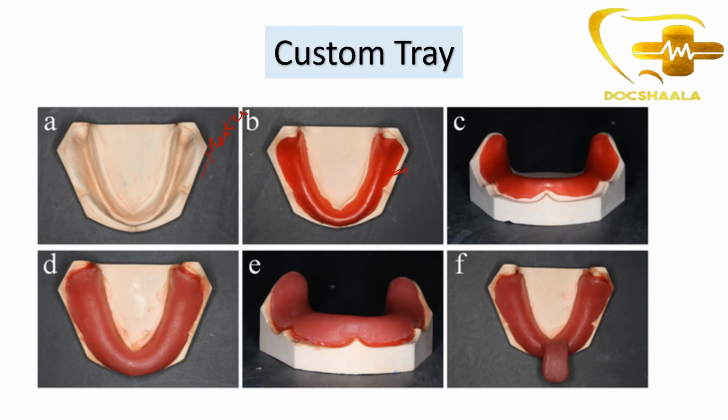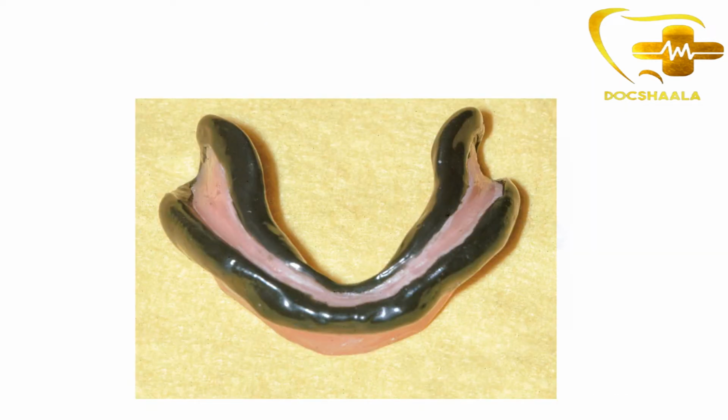On this wax impression, we pour some acrylic to make our custom tray, and we keep a handle so that it will be easy for us to keep it in the patient's mouth and take it out for preparing a secondary impression, right? So this is how the green stick compound looks on a custom made mandibular tray. You can appreciate this, right?